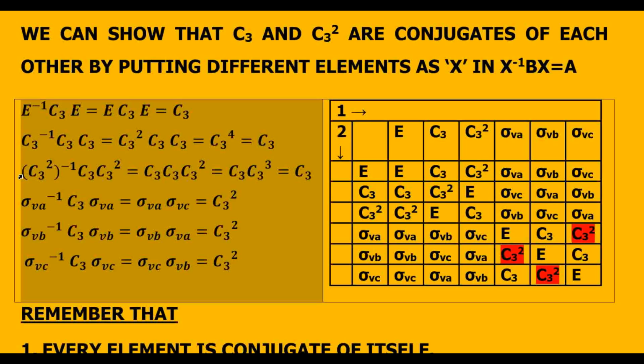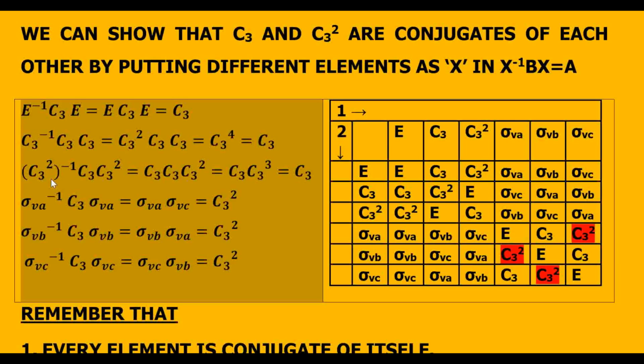The third equation. Now I am putting X is equal to C3 square. So C3 square inverse C3 into C3 square. C3 square means a rotation of 240 degrees in clockwise direction. Therefore C3 square inverse means a rotation of 240 degrees in anti-clockwise direction.